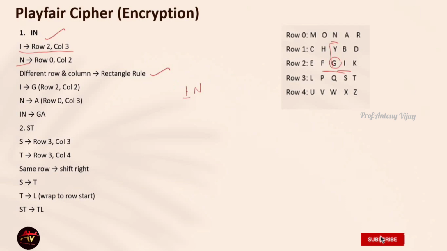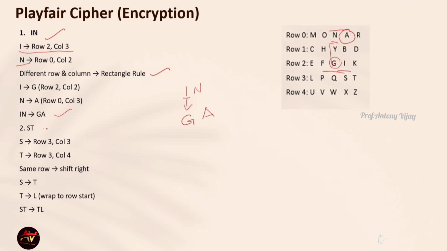So instead of I, you have to use G. In the same manner, you apply it for N also. The neighbor of N is I, so you apply the same row, and the letter straight to I is A. So instead of IN, you replace with GA. This is the first point.